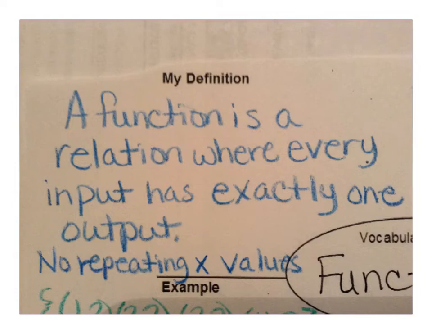In other words, there are no repeating x values. So a function is a relation, which means ordered pairs, where when you have a whole set of ordered pairs, there is only one output for every input.